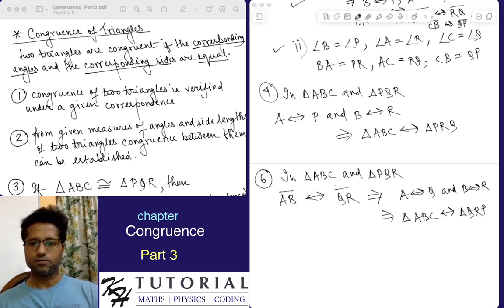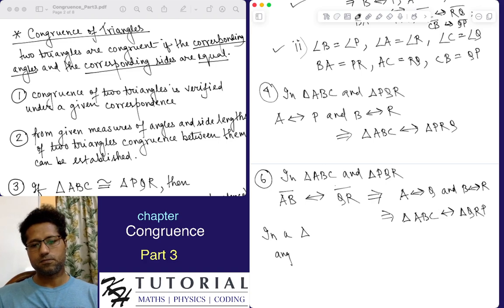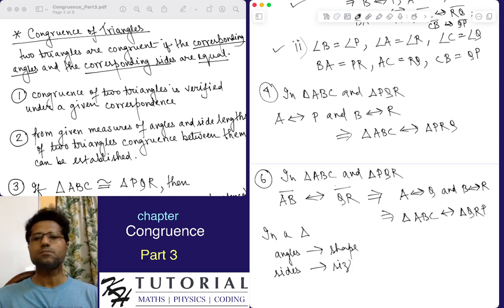What are the parts in a triangle that determine its shape, and what are the parts that determine its size? I think, it is my understanding, I could be wrong, in a triangle, angles determine the shape and sides determine the size. It is my intuitive feeling, I could be wrong.